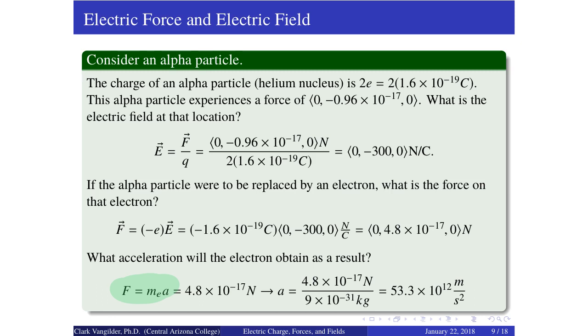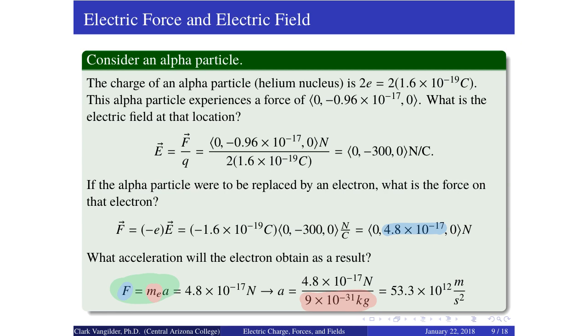So, mass of an electron, you could look that up. 9 times 10 to the minus 31 kilograms. It's not very big. The force is what we obtained up here as a result of working on the electric field.